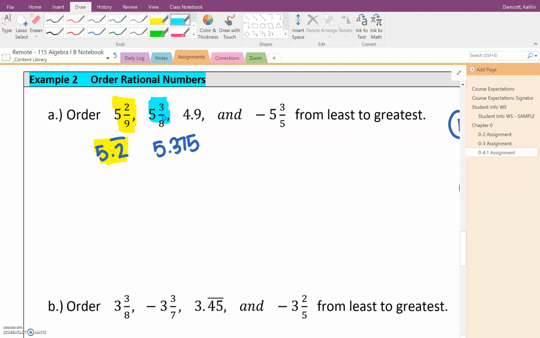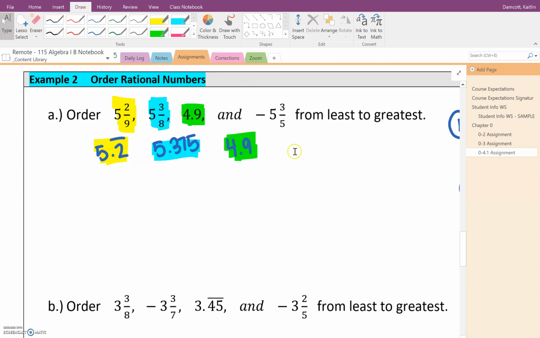So this one goes with that one. Now, sweet deal for us is that the 4.9, we don't have to do anything differently to that because it's already in decimal form. But just as a reminder, we'll highlight those to show that they go together.